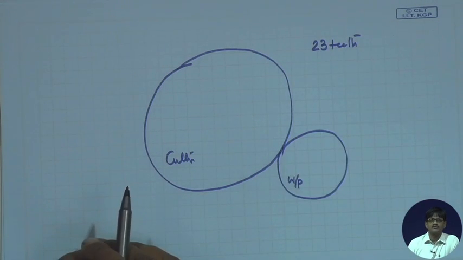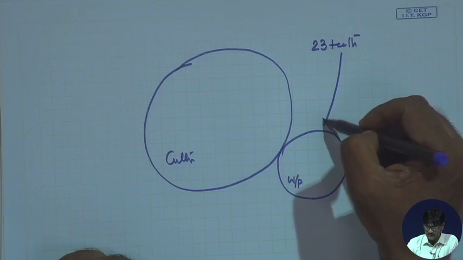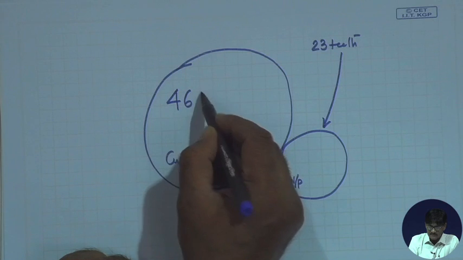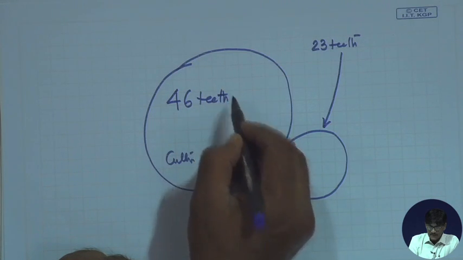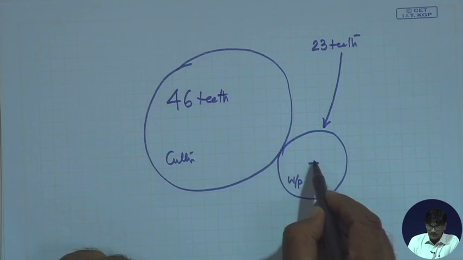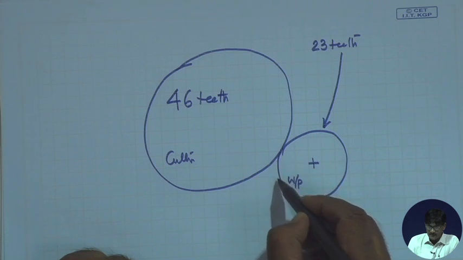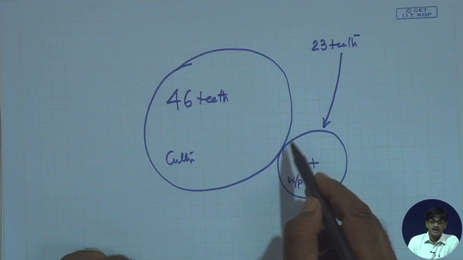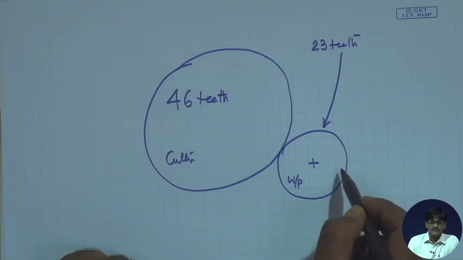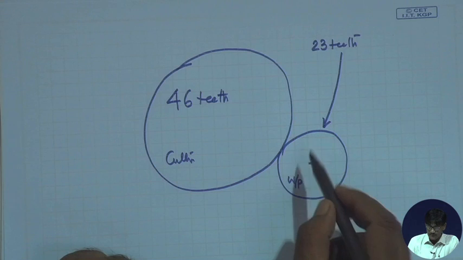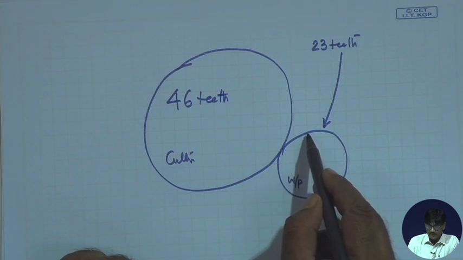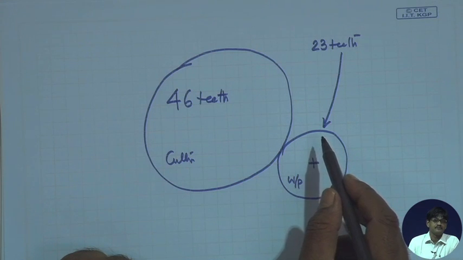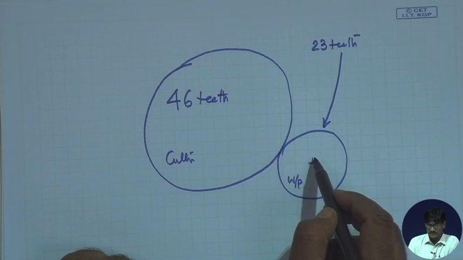If I want to cut 23 teeth on the workpiece, suppose the cutter is having 46 teeth. Then first of all, by calculation I have to find out the correct outer diameter. The correct outer diameter has to be determined for the workpiece, and accordingly a blank with proper outside diameter has to be machined out for 23 teeth.